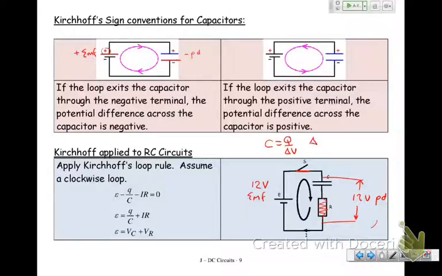So the potential difference is equal to the charge over the capacitance. So when you have no charge, you have no potential difference. The equation that governs the resistor is delta V equals IR. So when there's no current, there's no potential difference.